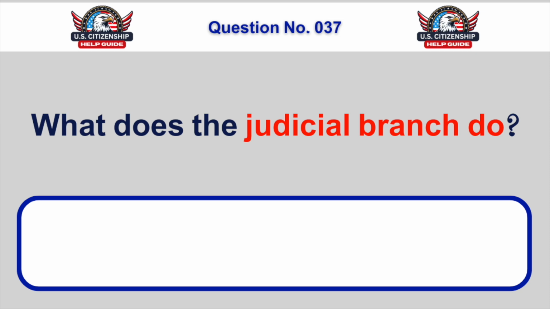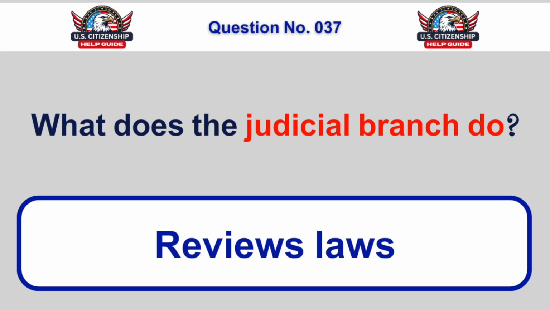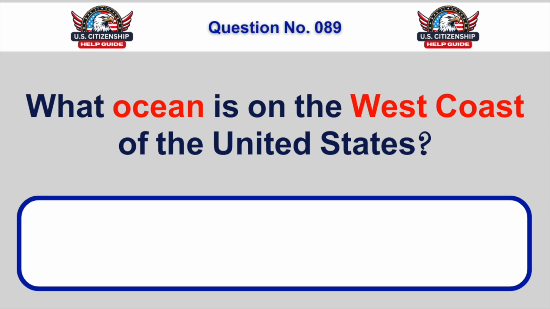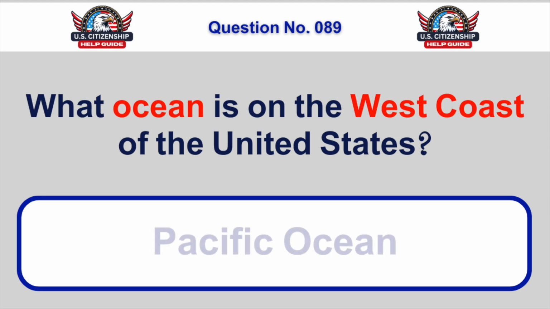What does the judicial branch do? Reviews laws. What ocean is on the west coast of the United States? Pacific Ocean.